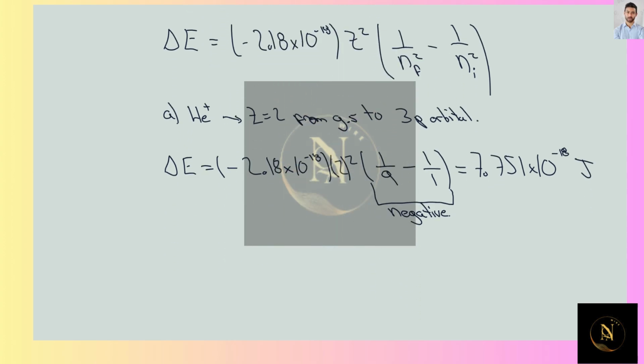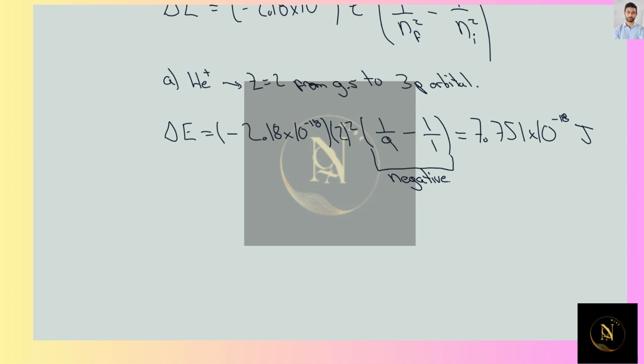Now let's see what happens in part B. In B, what is going to happen is that a helium plus atom is going to collide with an oxygen 7 plus ion, and that is going to produce an excitation.